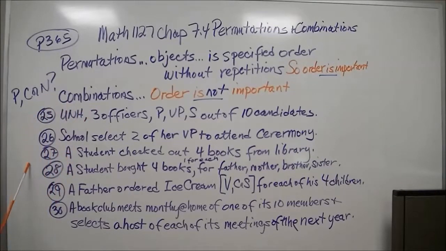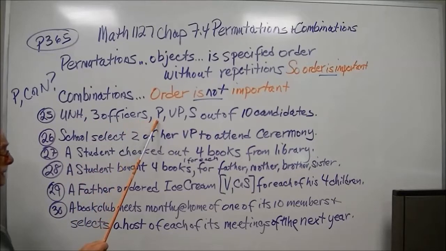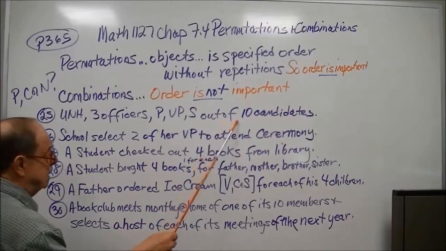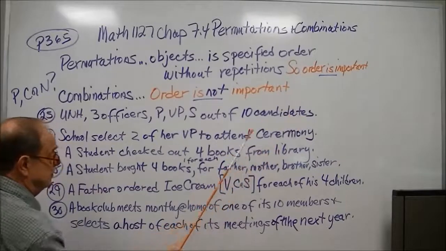So these are examples I more or less copied right out of your textbook on page 365. There are 6 examples, and I'll put a few more up because I think it's worthwhile to think and discuss this a little bit. Now at a university, I put our own: 3 officers, a president, a vice president, and a secretary, are to be selected out of 10 candidates.